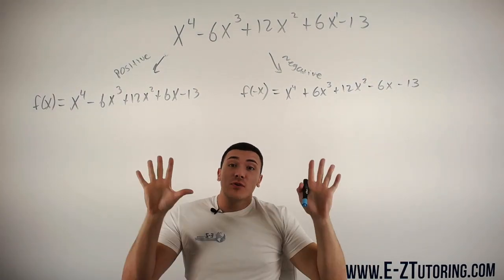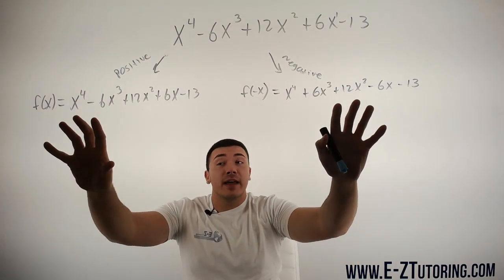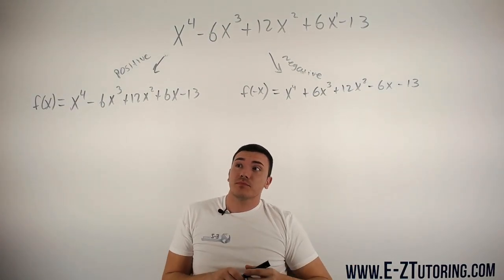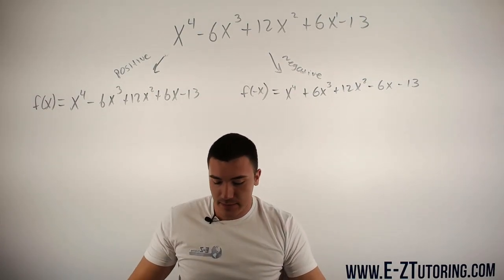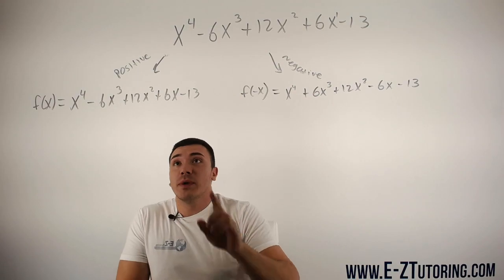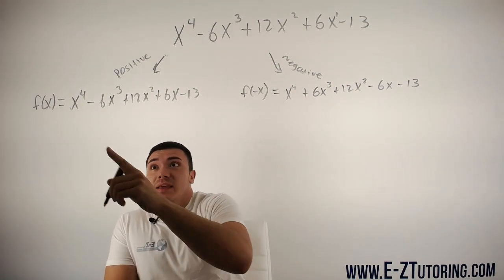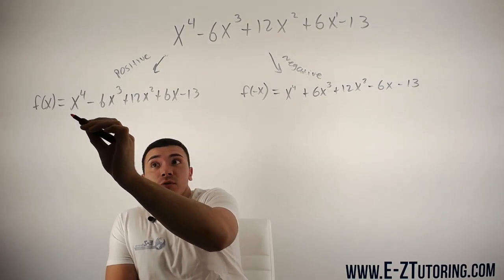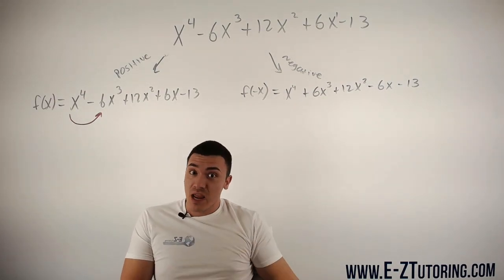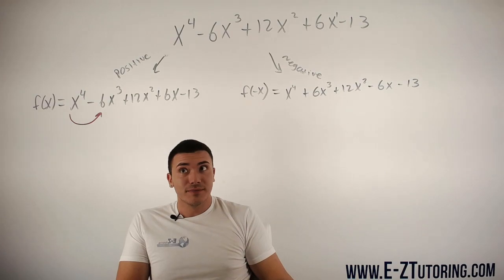All right, so after you split up your polynomial into f of x and f of negative x, we are going to look at the number of sign changes. So starting off with the positive one. X to the fourth is positive, and this term is negative. So it goes from positive to negative, therefore we have a sign change.